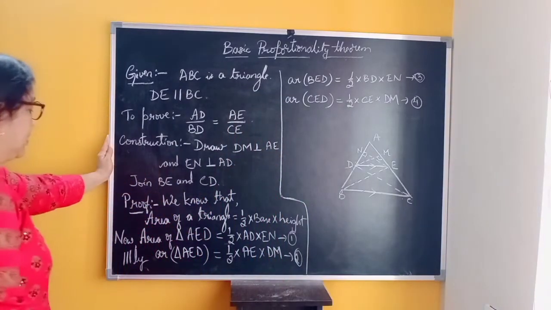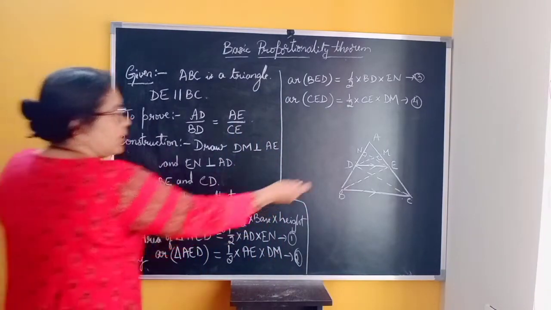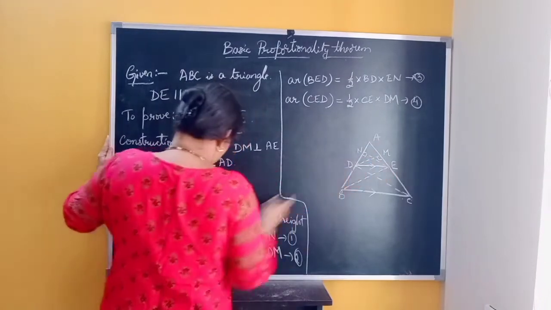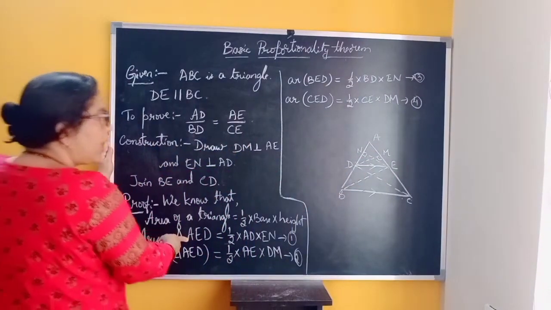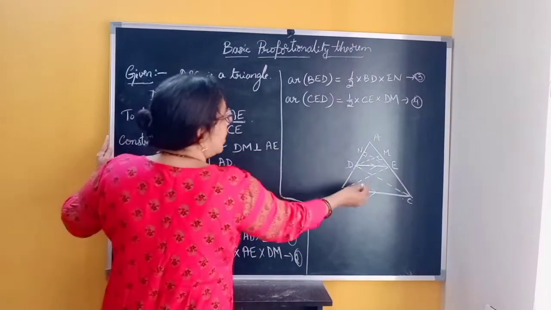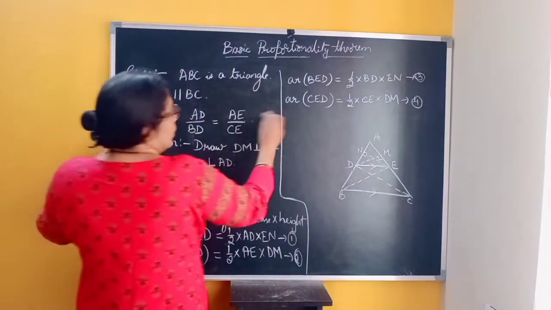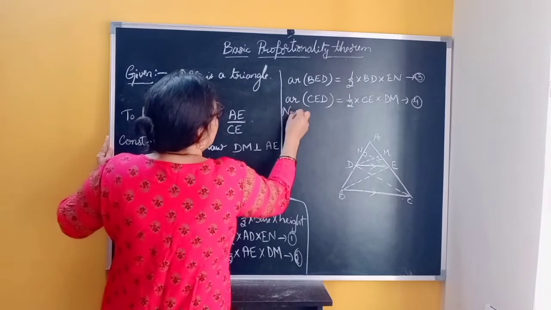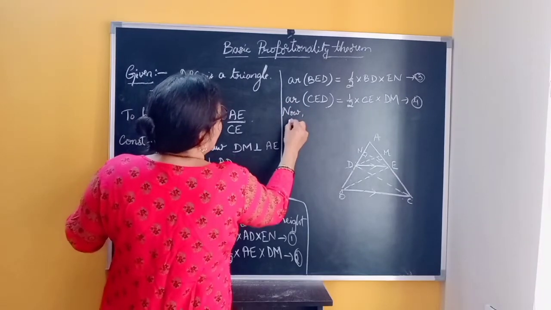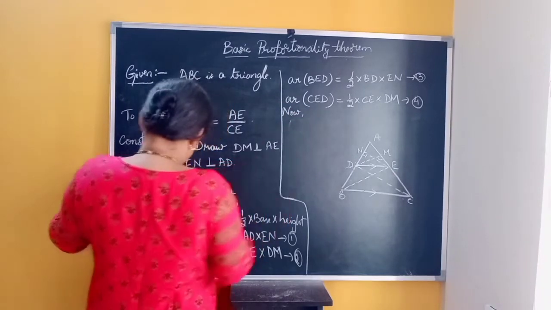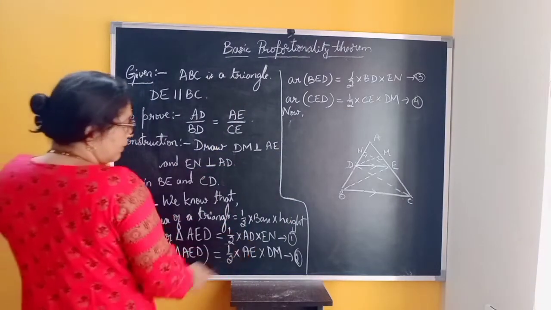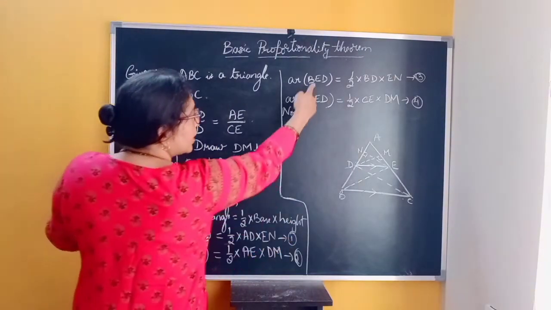Let's take the first one, triangle AED, and the third one, triangle BED. Take the ratio of that, that means dividing equation 1 by 3.